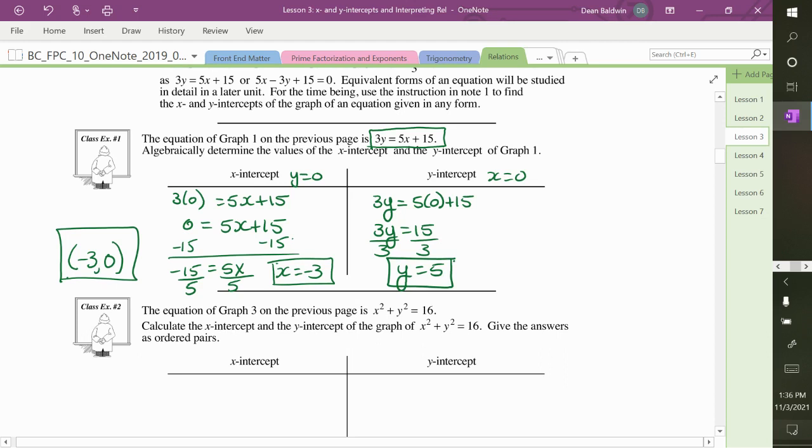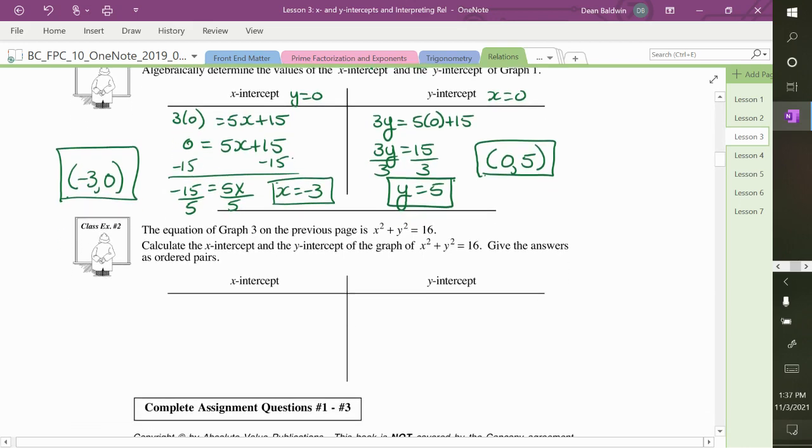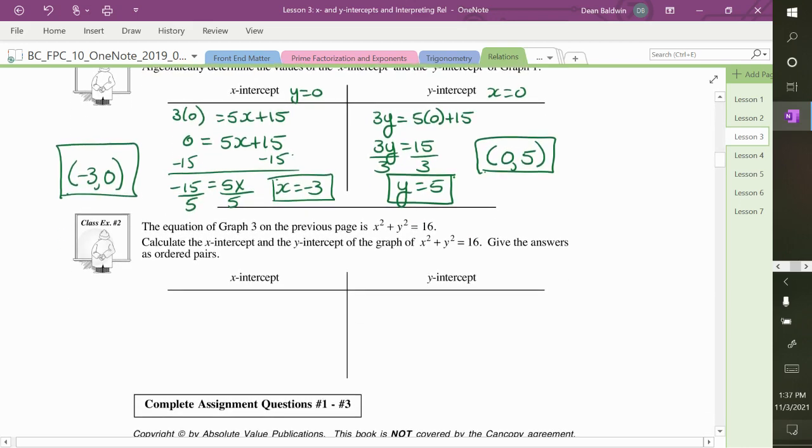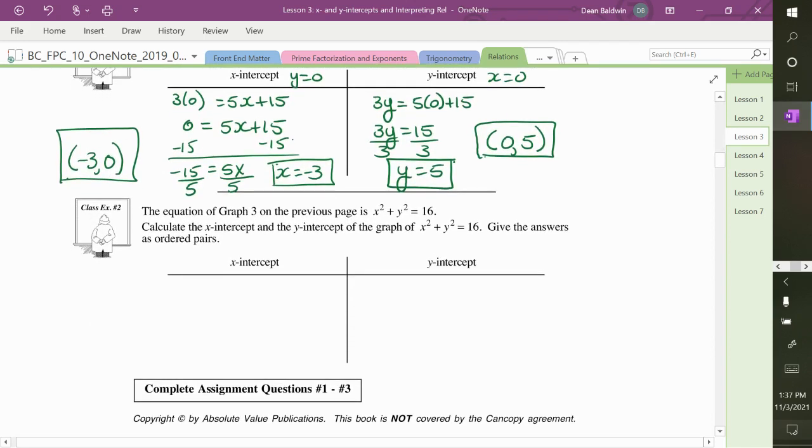And you get y is equal to 5. How do you write it as an ordered pair? 0 and 5. Is that okay? This unit has a lot of algebra in it. The next couple units have a lot of algebra. So if you need help with your algebra, please come in at lunch.